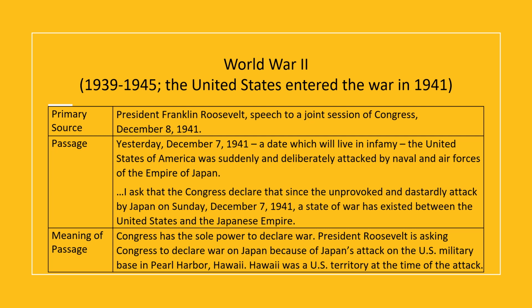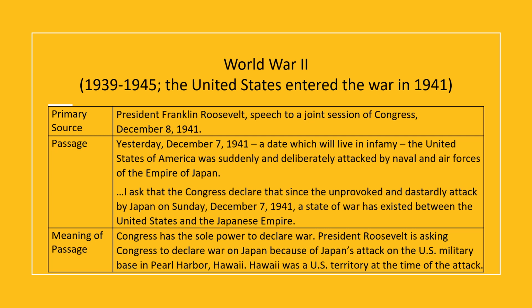Because this was an attack on a U.S. territory, Franklin Roosevelt, the president at the time, approached Congress the day after the attack on Pearl Harbor and asked Congress to declare war.